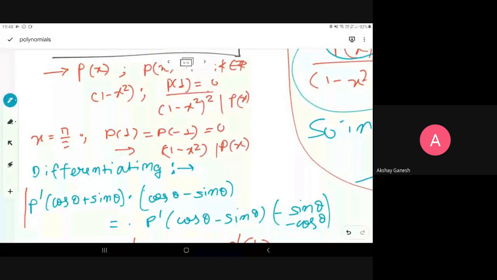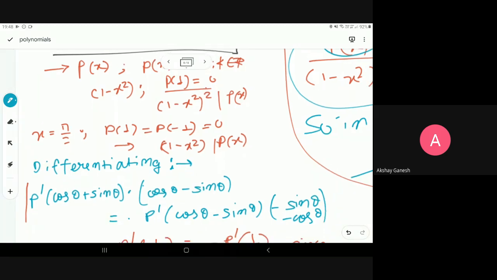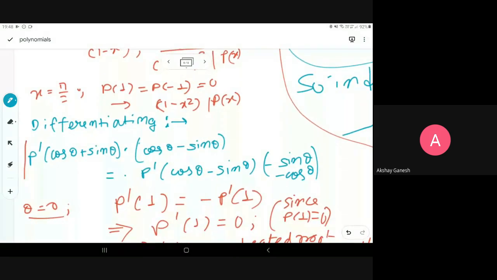If you plug x equals pi by 2 into the equation, in the original equation what you get is p of 1 equals p of minus 1. So if you assume p of 1 equals 0, then this tells you that 1 minus x squared divides p of x. So it's not a repeated factor yet. To get the repeated factor, you differentiate, right? So after differentiating, you have a lot more freedom. Okay, I understood. Yeah, I understood.